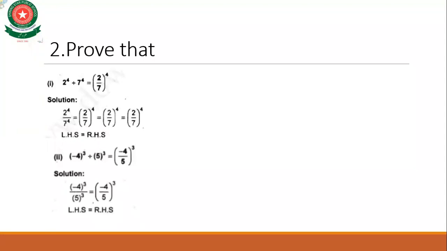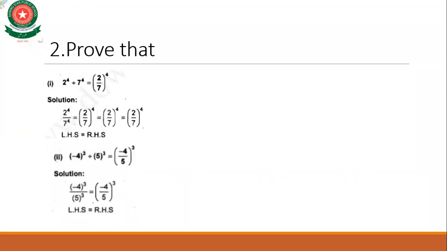After subtracting, we get (p over q) power 22. So in this question, we have used the first law of quotient, which is when bases are the same but the powers are different. Now question number 2.